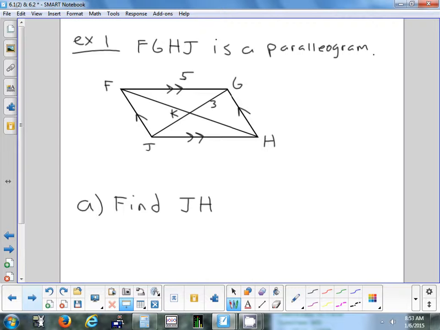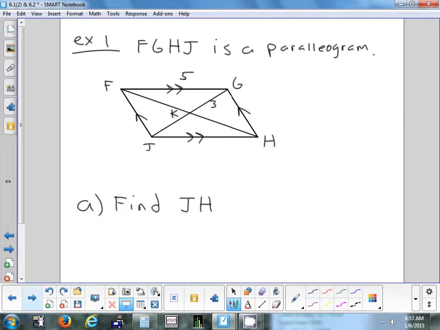All right, so before we do any proofs, let's just try some calculations. I've given you a shape here that's a parallelogram. You know it's a parallelogram because the sides are marked parallel, both pairs of opposite sides. They want you to find JH.